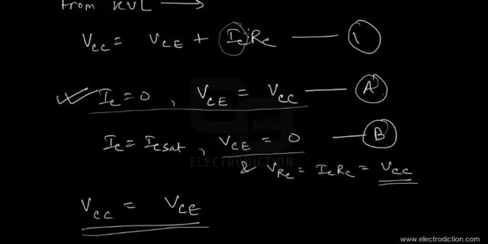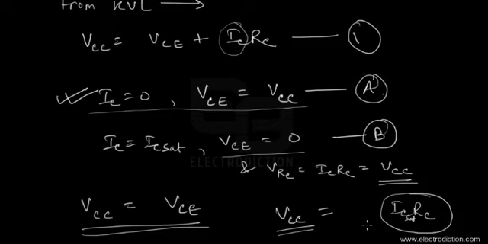So if we put this condition in equation 1, for VCE equals 0 and IC equals IC sat, we have ICRC, and if we eliminate the VCE term, then it's quite natural that for IC equals IC sat, VCC would be nothing but equal to the voltage drop across the RC resistor.